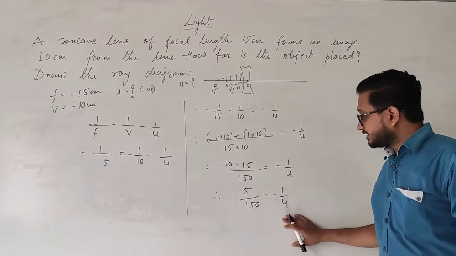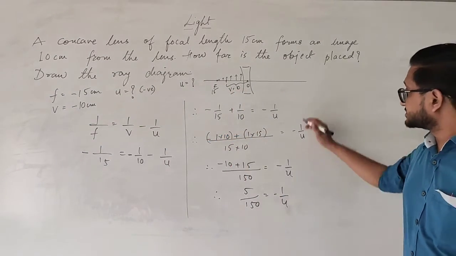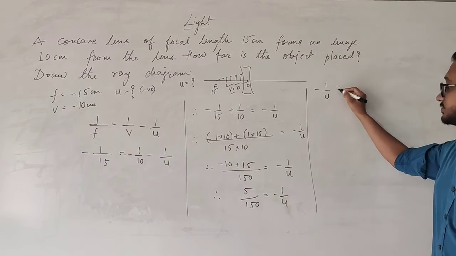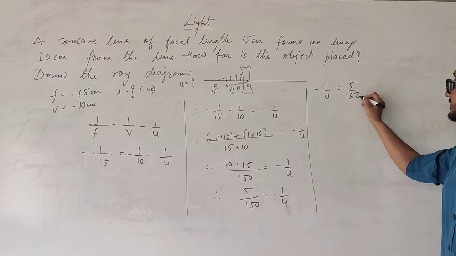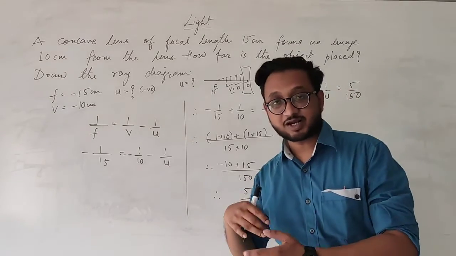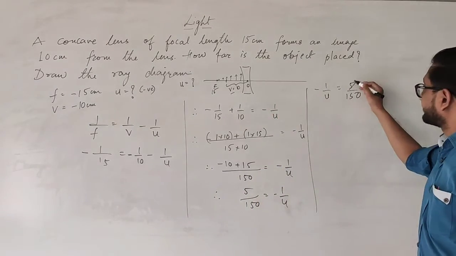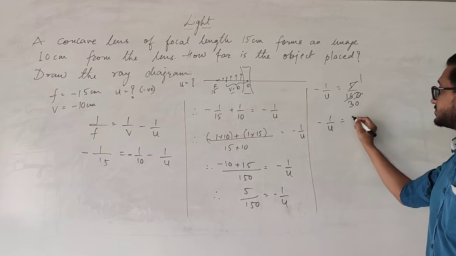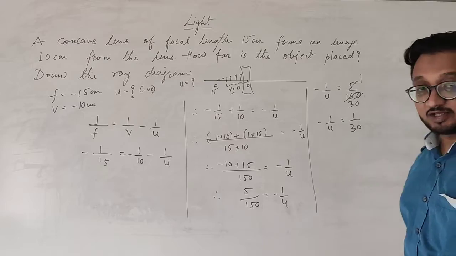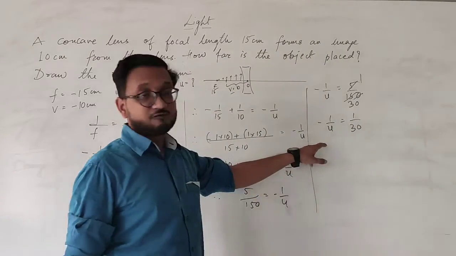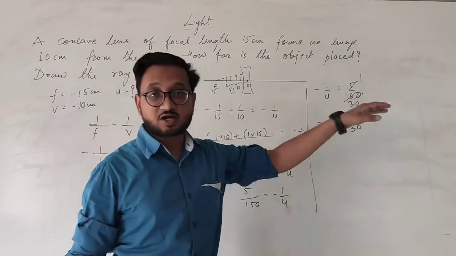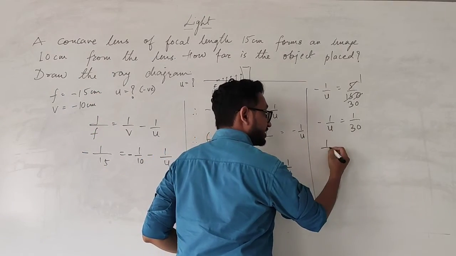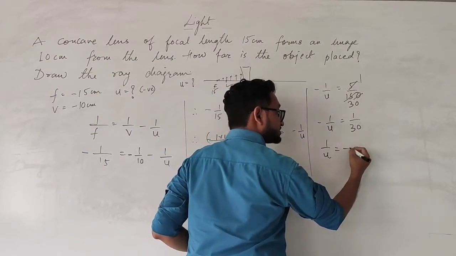Now you need the value of u, so I am writing minus 1 upon u on this side: minus 1 upon u equals 5 upon 150. I have just changed the left hand side to the right hand side. Very easy. 5 1s are 5, 5 3s are 15, and 0. So minus 1 upon u is 1 upon 30. But you need to find the value of u. So take the negative sign on the other side and it becomes minus.